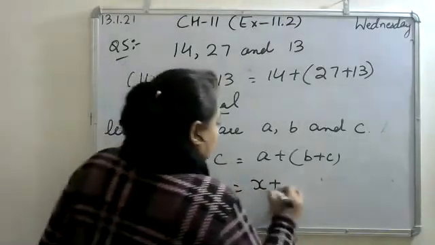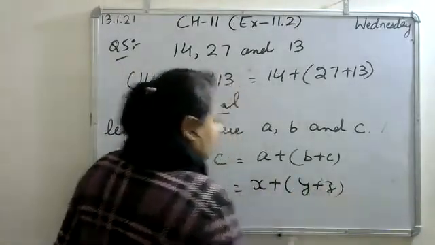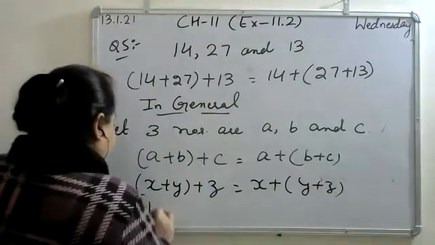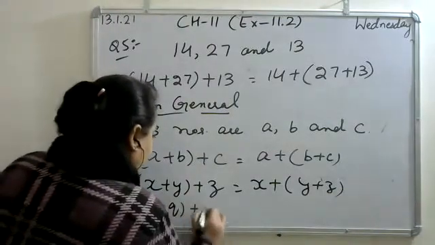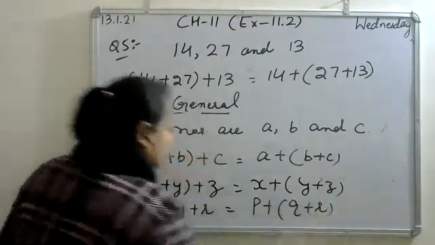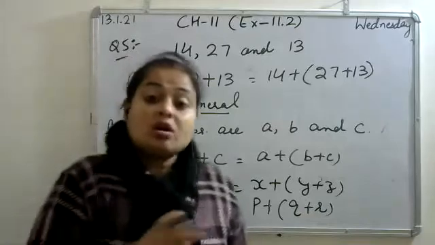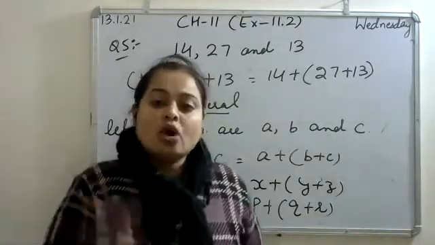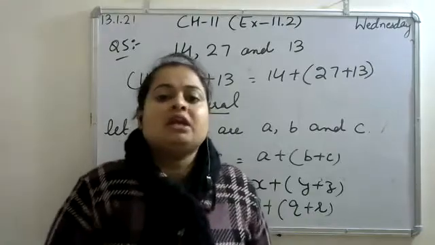You can also use x plus y plus z, like this. You can also use PQR, P plus Q plus R. So there is no compulsion that you have to use a, b, c. Your wish, use any variables.